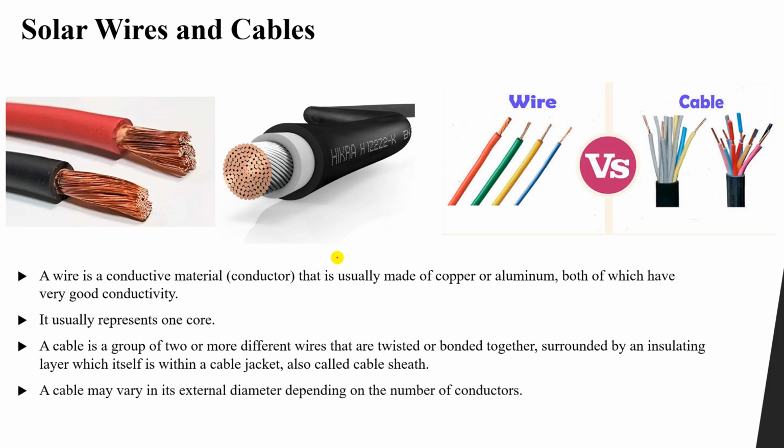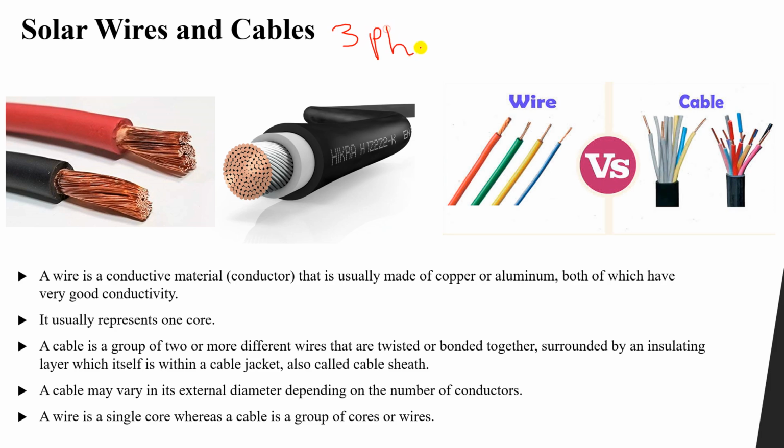So a cable has different diameter depending on the number of conductors inside it. A wire is considered a single core, for example one phase or one terminal. However, the cable is a group of cores or wires. Usually, in an electrical system we have a 3-phase system.